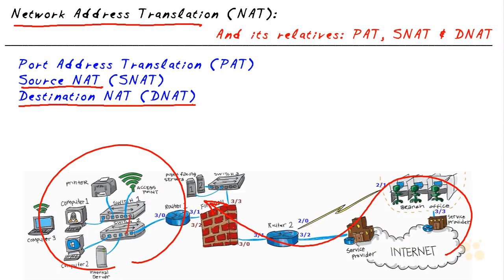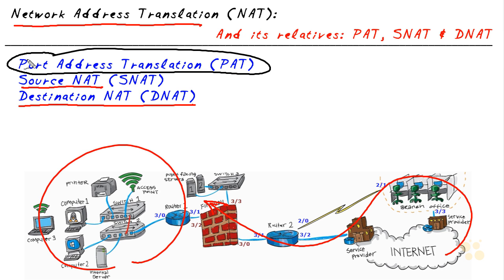And because we don't have enough global IP addresses for every computing device on the planet for IPv4, we use port address translation, which allows us to overload a single global routable address with tens of thousands of IPv4 private addresses per global address.